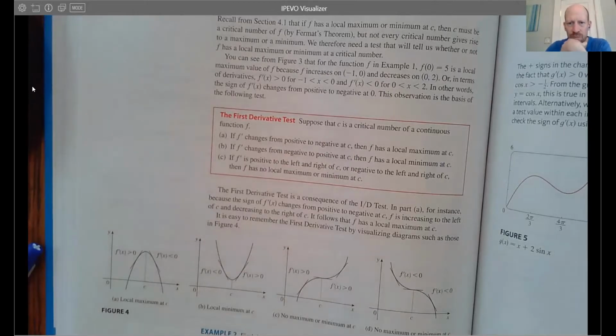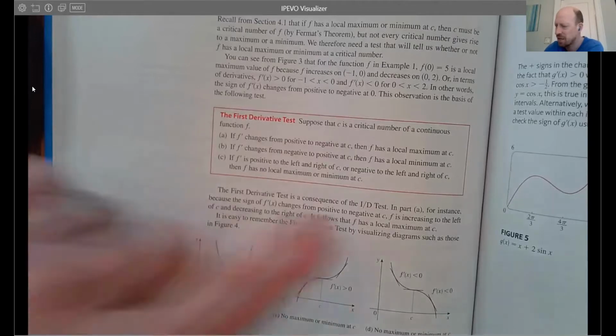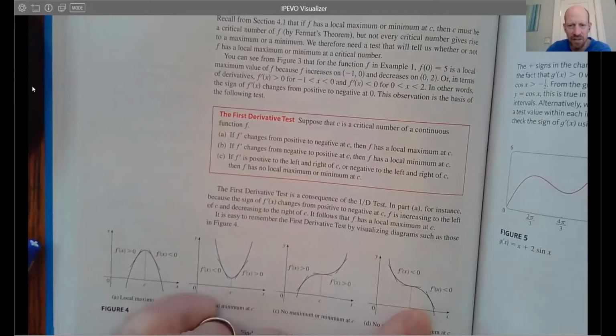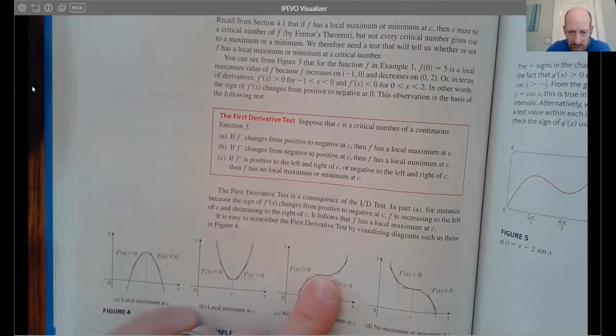You want to just think about what it's telling you, right? Negative to positive means decreasing to increasing, and visually you can see that gives you that local minimum. And then if it doesn't change, so in these second two examples, it goes from positive to positive and negative to negative, then there's no local min or max. It's still a critical number, right? The derivative is 0 there, but it doesn't count as a local minimum or a local maximum.